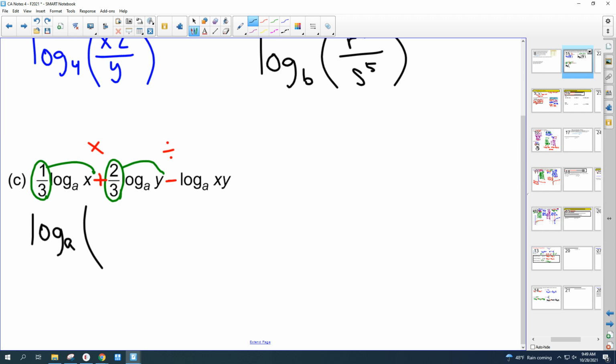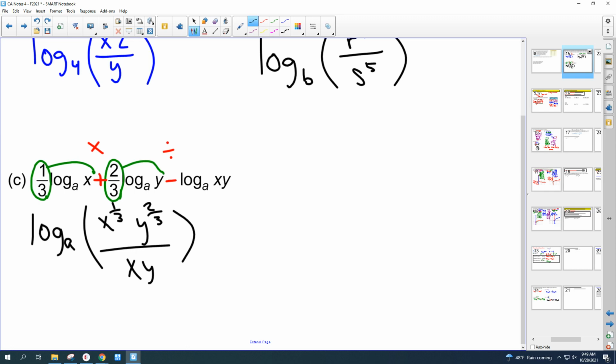I've got log base a. And so that first thing is going to be an x with an exponent 1/3. And then we're going to multiply that times y with an exponent of 2/3. And then I'm going to divide that. Let's just divide by xy. And that's kind of it.